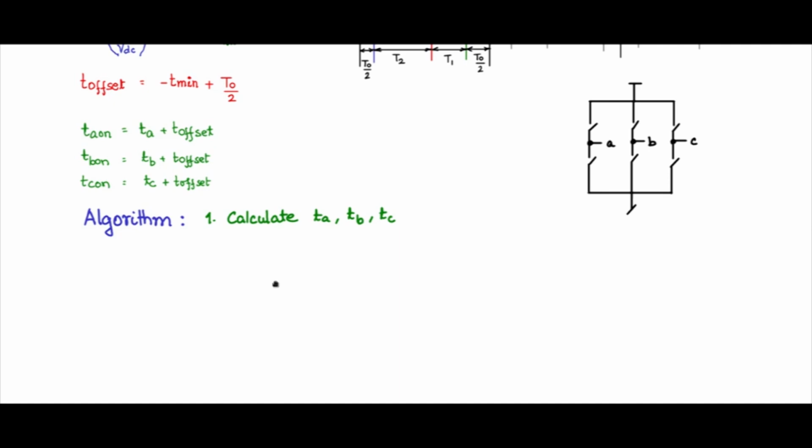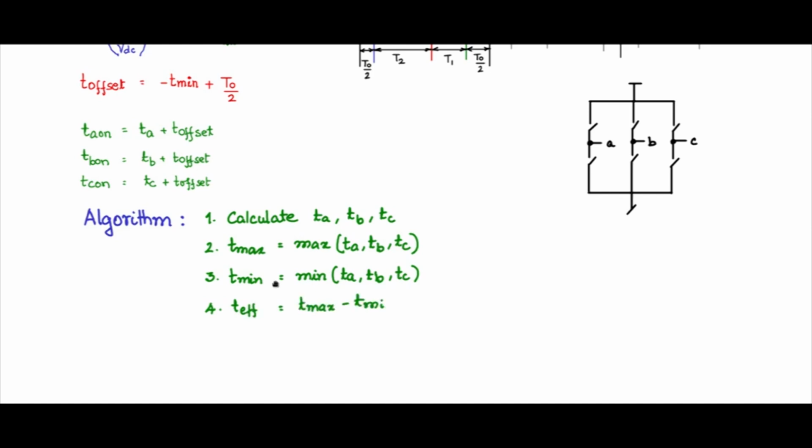Calculate TA, TB, TC according to the equation that we just discussed. Then calculate T max, which is the max of TA, TB, TC, and then calculate T min, which is the min of TA, TB, TC. The fourth point is to calculate T effective, which is T max minus T min.